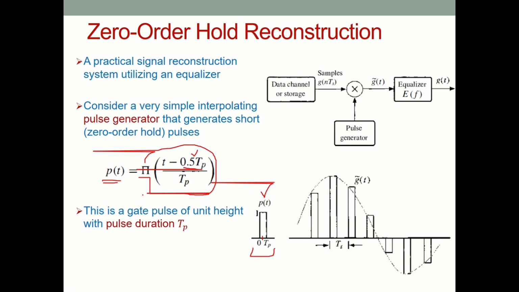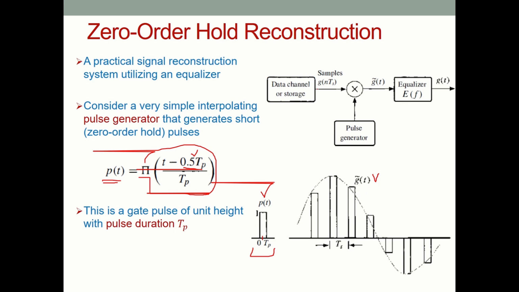Now, when it is used to sample the signal g(t), the curly g'(t) looks like this. You can see the rectangle is there at every instant nTs, but the height of the rectangle is adjusted according to the signal g(t).